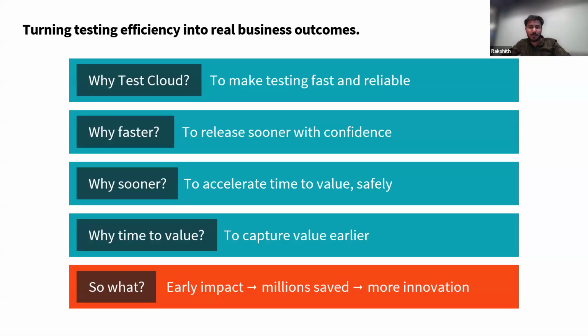This is how UiPath Test Cloud helps you turn testing efficiency into real business outcomes. It's not just a tool to do one particular thing. With one tool, you can do everything, whatever the application or framework.